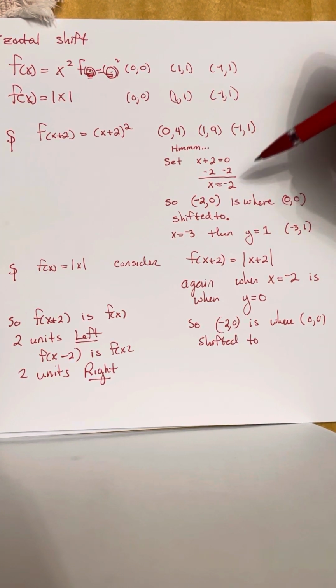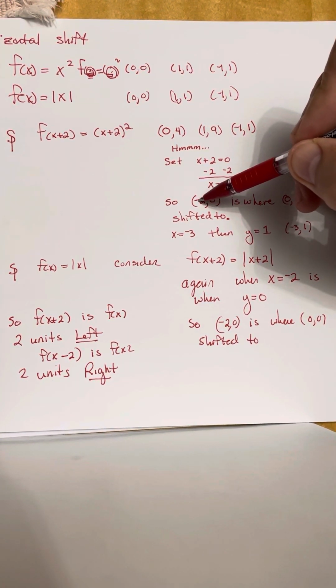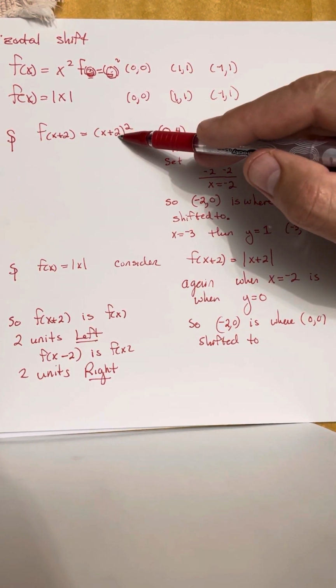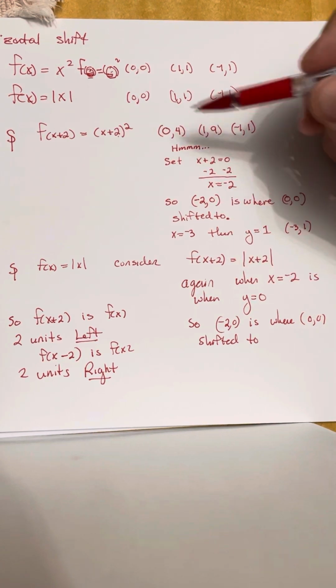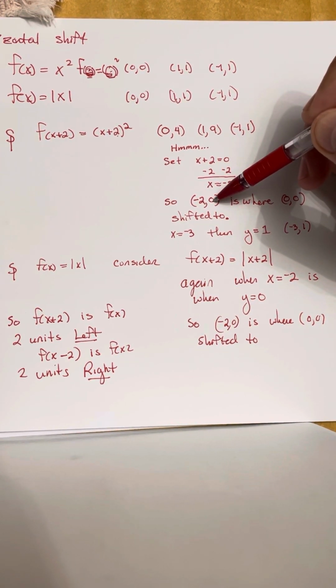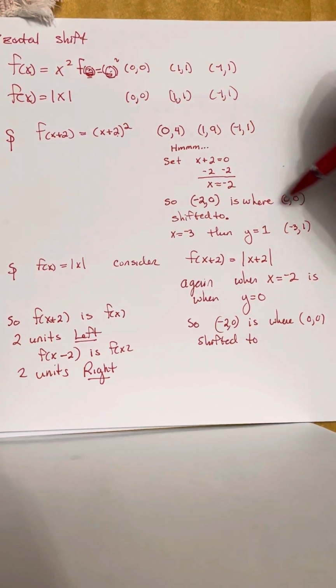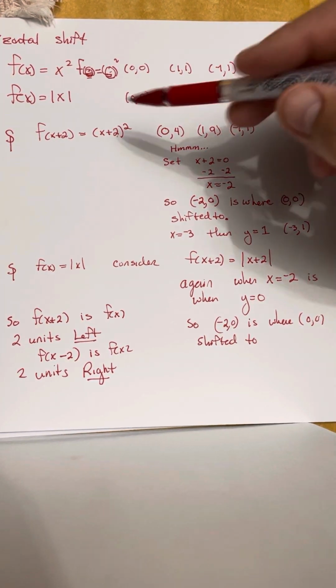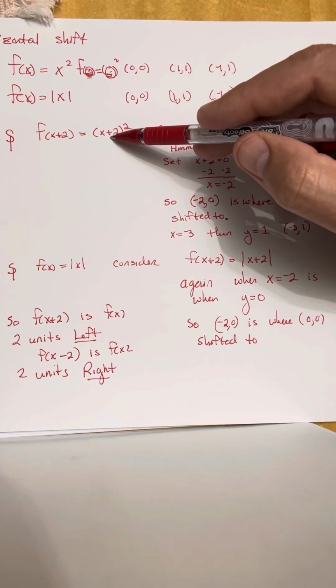So what ends up happening is if we take negative 2 and we plug it in here, negative 2 plus 2 gets us 0, and 0 squared is 0. So negative 2, 0 is where 0, 0 gets shifted to. It actually moves opposite the sign.